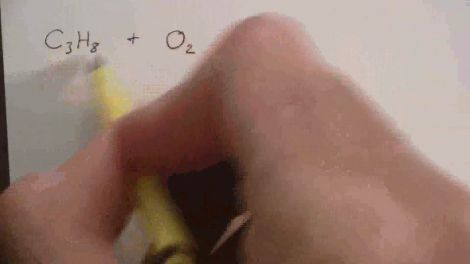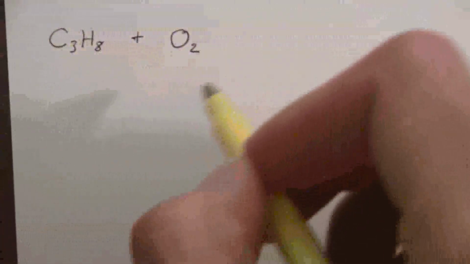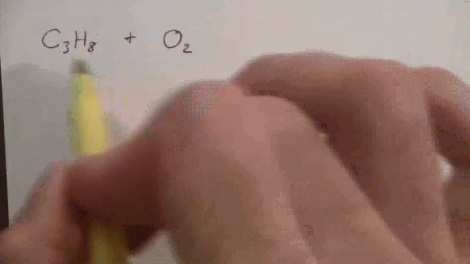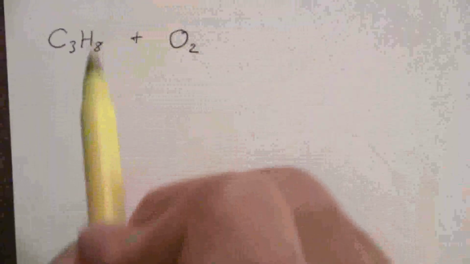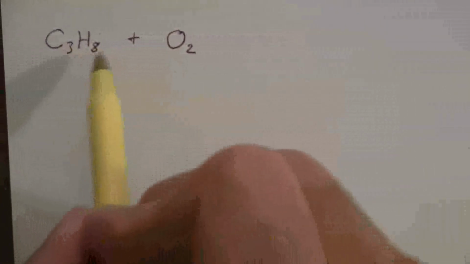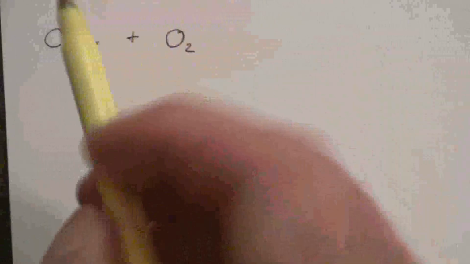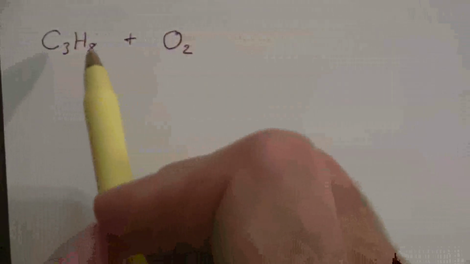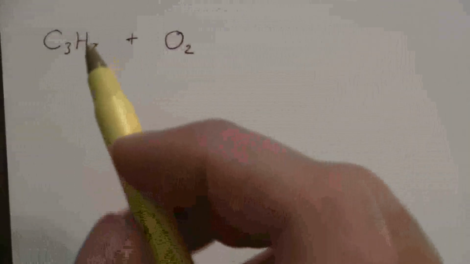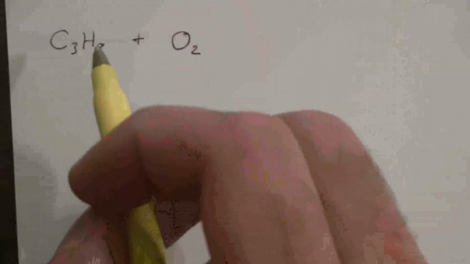And when you burn something, a combustion reaction, it means it's reacting with oxygen, okay? So we can write our formula as the fuel plus O2. That is a combustion reaction. And in any combustion reaction, you've got the fuel, which is some organic compound, organic meaning it's got carbon, hydrogen, and often oxygen as well.